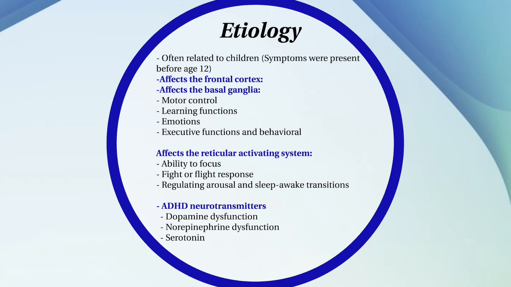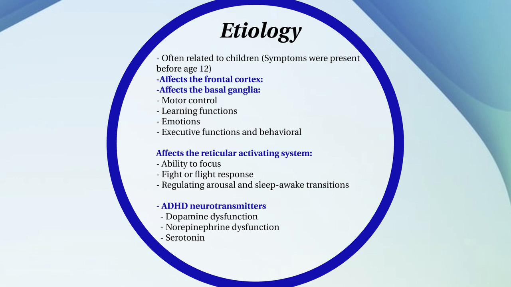Most of those kids have problems with sleep because it affects the awakening transition, and they have a difficult time going to sleep. It is important that you know that it affects the frontal cortex, the basal ganglia, and the reticular activating system. So write it down right now.